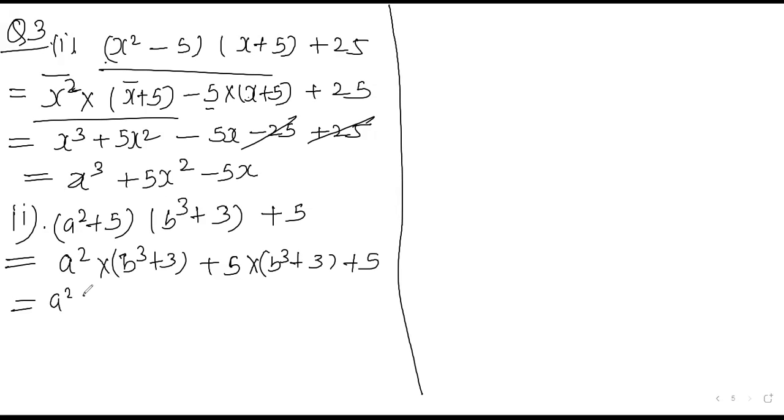So a square is multiplied with b cube and a square is multiplied with 3. 5 into b cube plus 5 into 3.